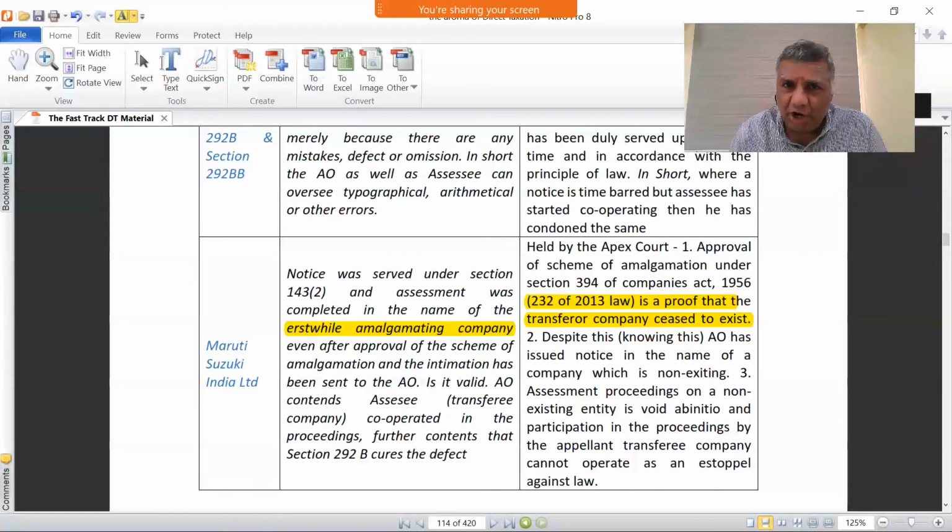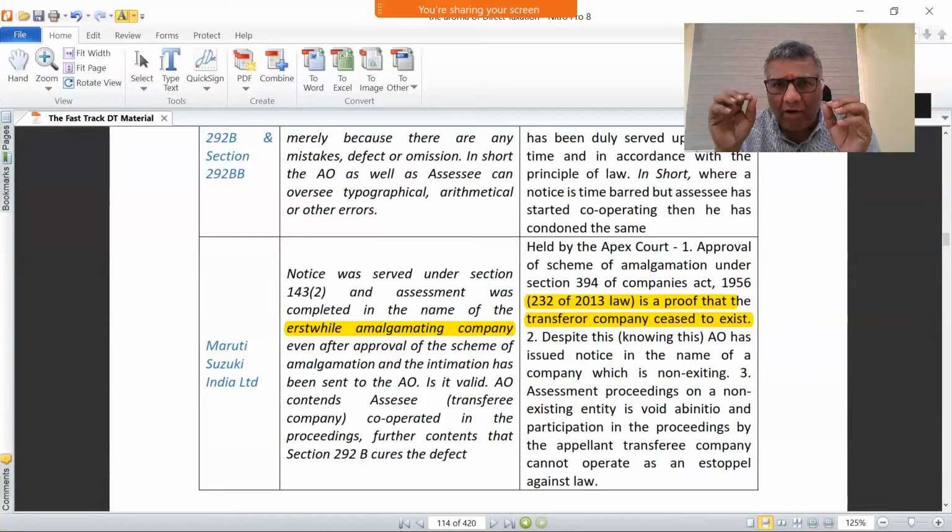Section 143, the first level of assessment, which consists of prima facie adjustment, notice, assessment. Section 144, best judgment assessment, giving the power to the Joint Commissioner to issue direction to the assessing officer. Notice invalidity and when it can be removed, along with the Maruti Suzuki Limited case law. This is where we are.